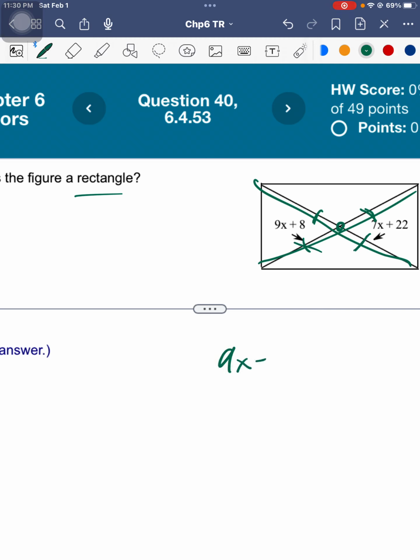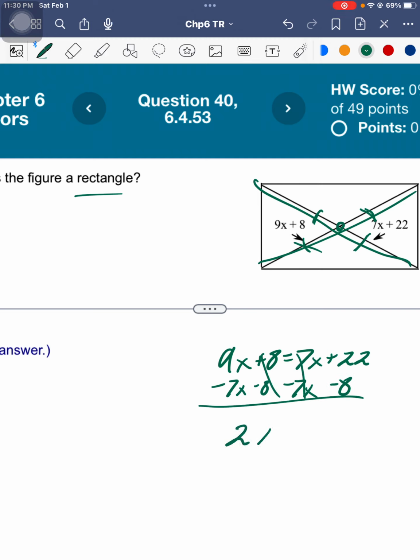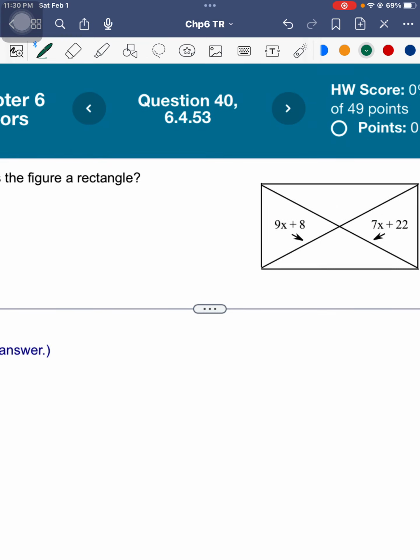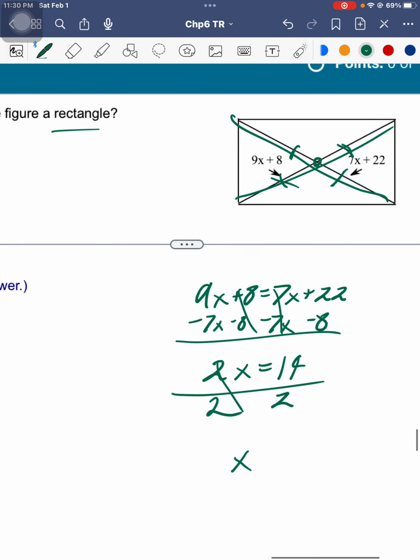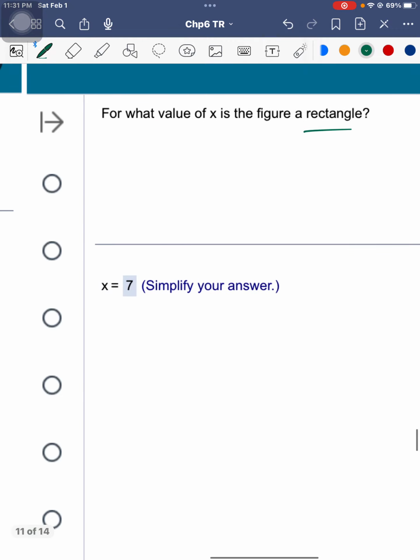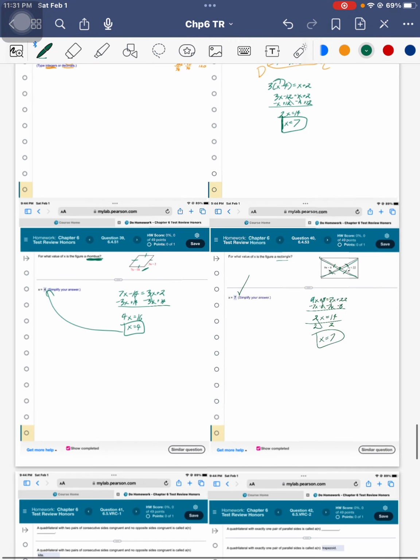So we just got to set them equal to each other. 7x plus 22 minus 7x minus 8 minus 8. 2x equals 14, right? So divide by 2, divide by 2. So x is equal to 7. Perfect.